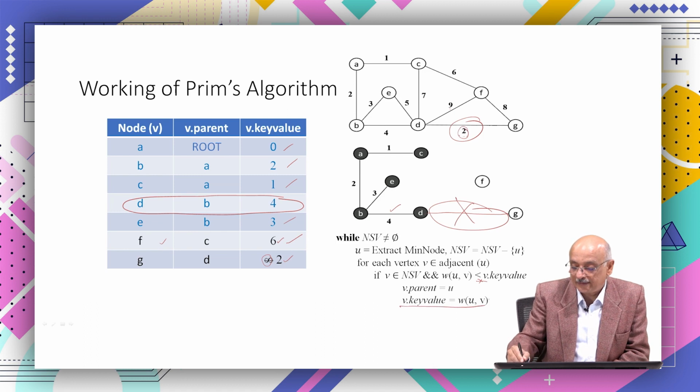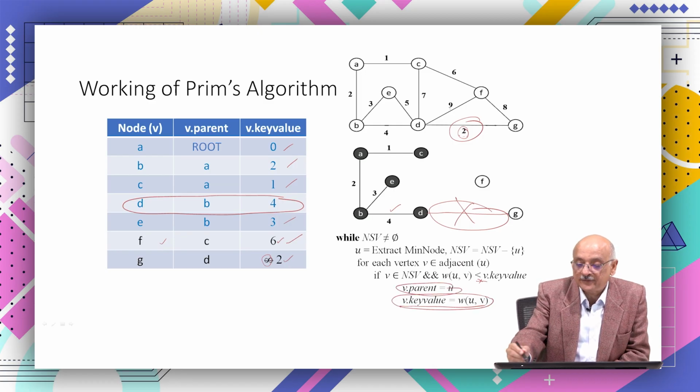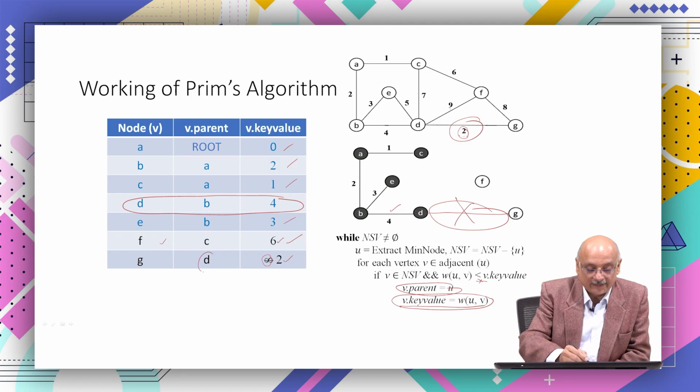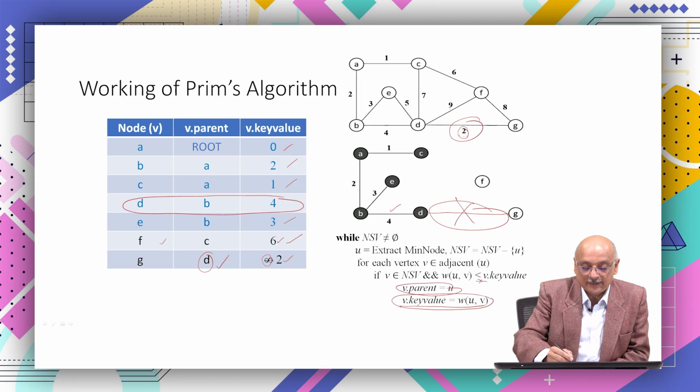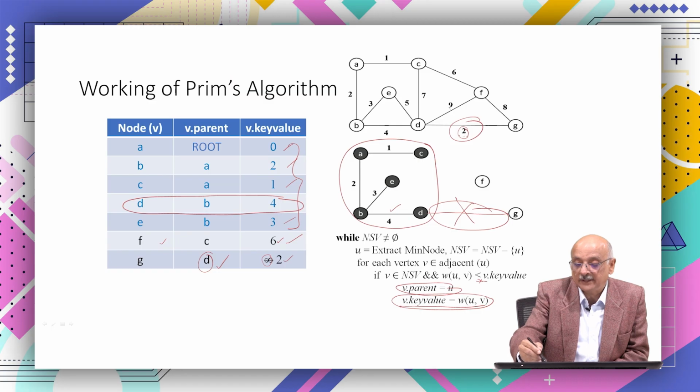So the parent of G is going to be D. All right. So you see we have got these frozen so far. Please note, we are making a tree, and this tree is continuous in the sense that there are no subtrees created, otherwise which was being created in Kruskal's algorithm.